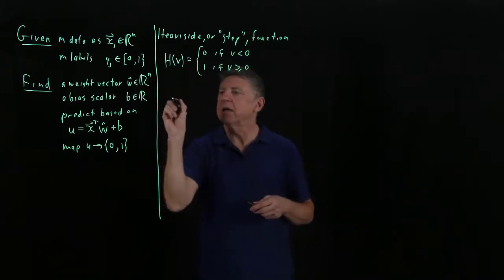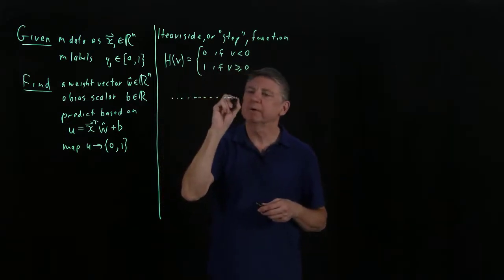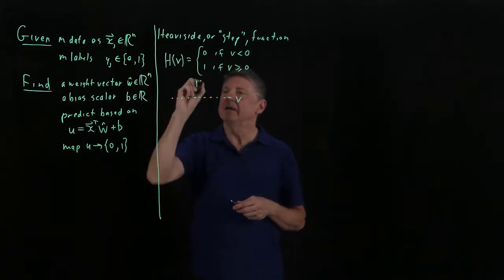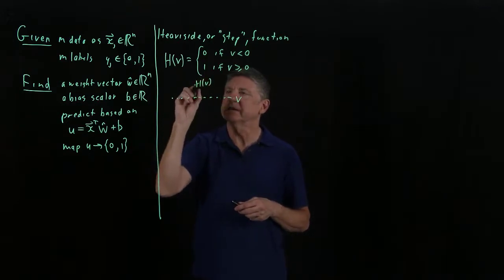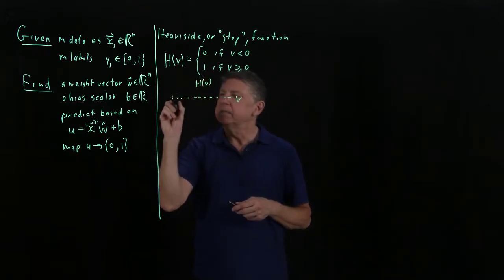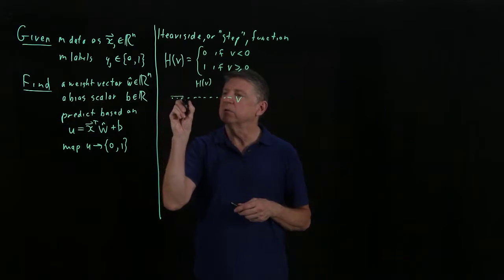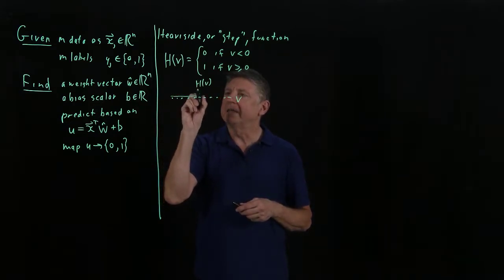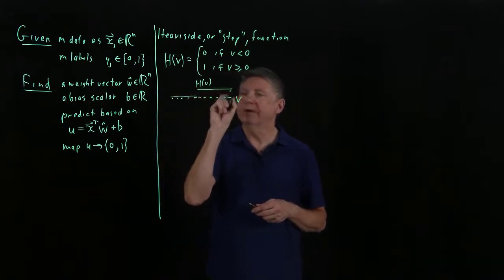We could graph that. If this is our V, and this is the Heaviside computation, if V is less than 0, it will be 0, and then it will jump to 1.